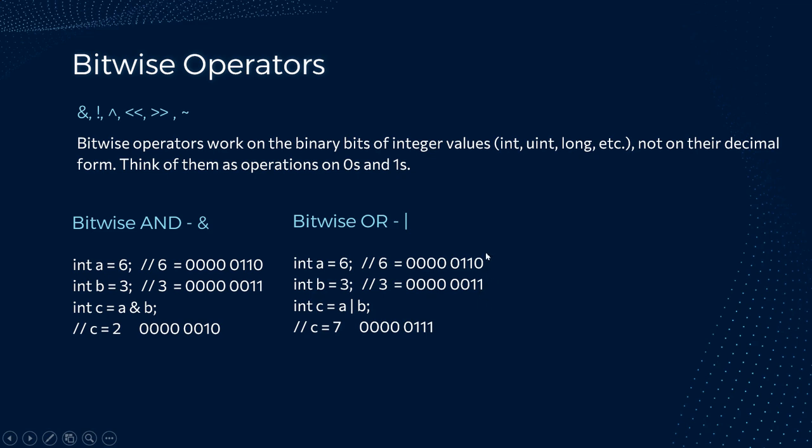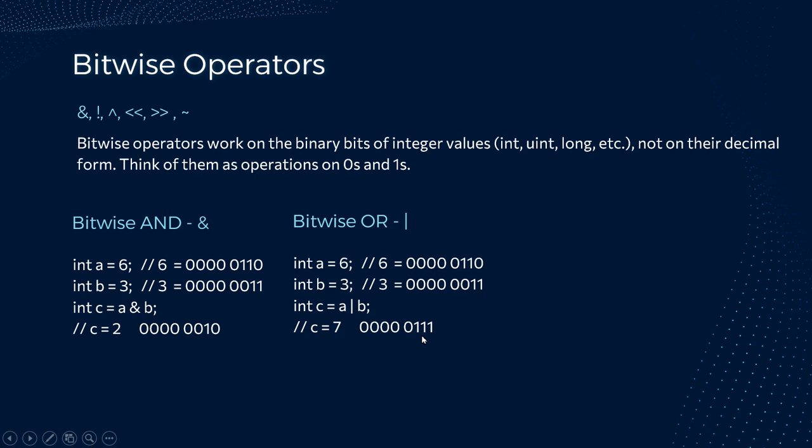So 1 plus 0 becomes 1, 1 plus 1 becomes 1 here, and 1 plus 0 becomes 1 again, and all the previous digits are zeros, so all of those will be 0. So here a bitwise OR b becomes 7.